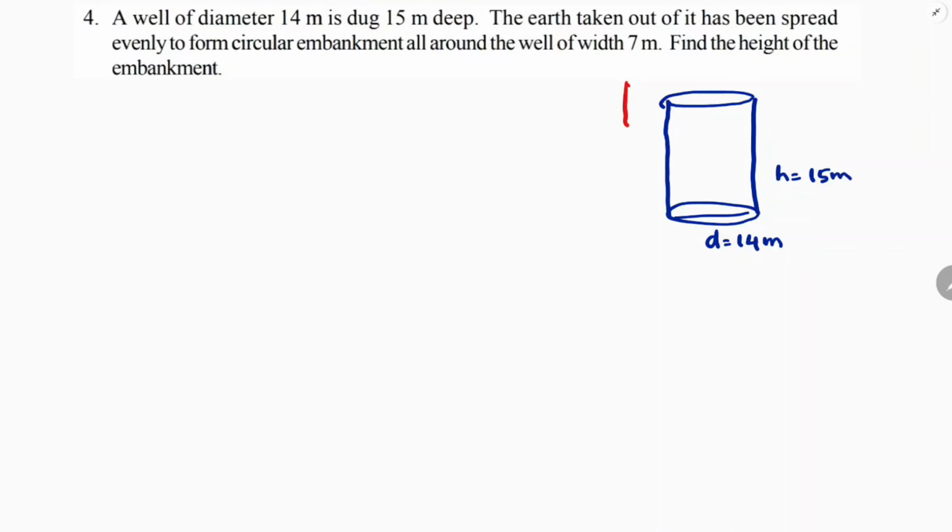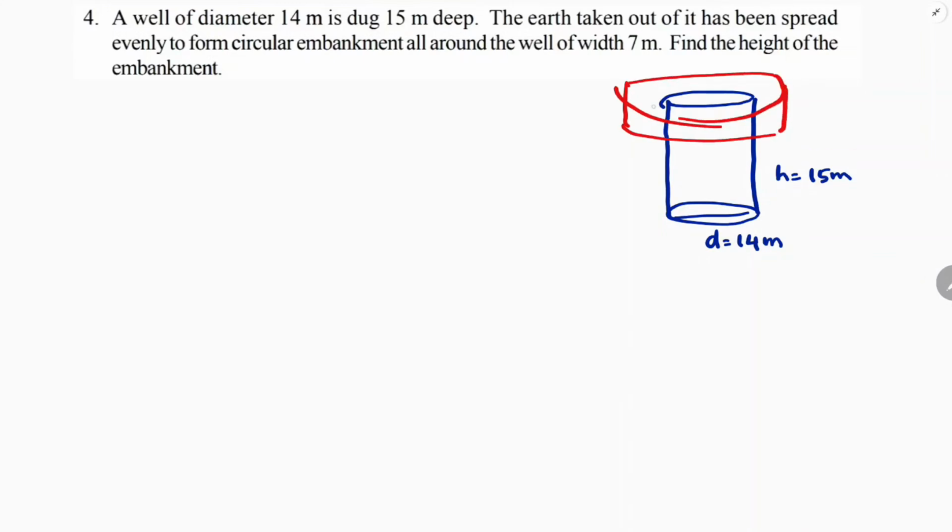So here a well of diameter 14 meters and height 15 meters deep. The earth taken out of it has been made all around the well to form an embankment.